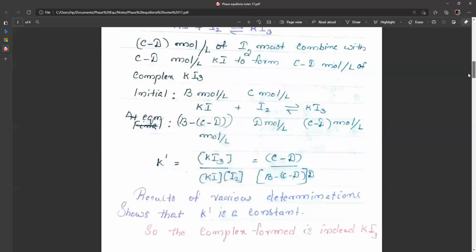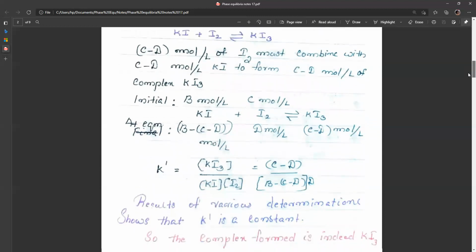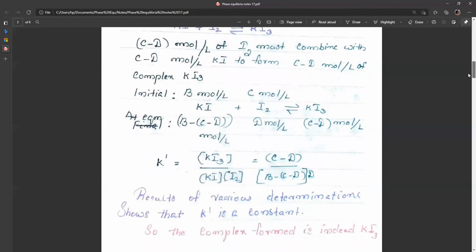The results of various determinations show that K dash is a constant. We experimented with these concentrations in several experiments, and K dash, that is KI3 divided by KI into I2, is found to be a constant.